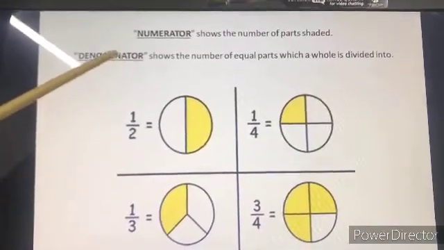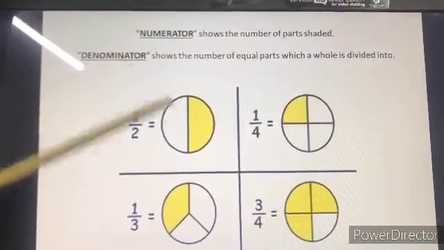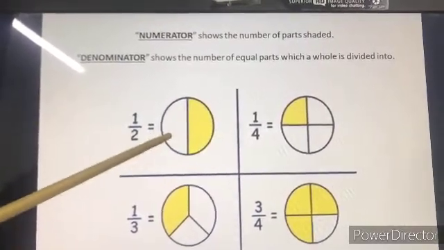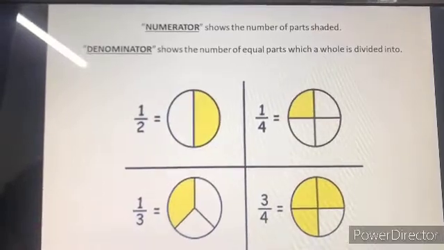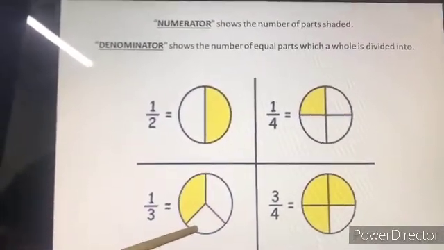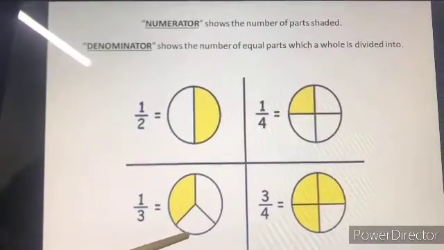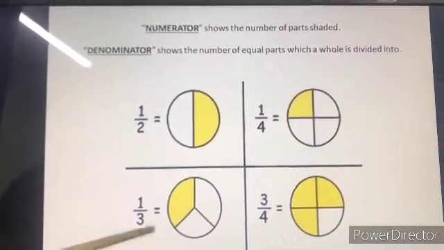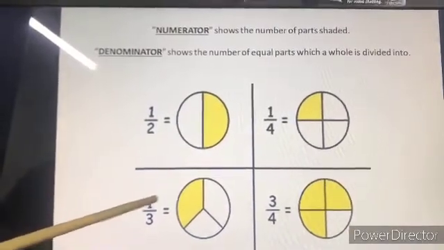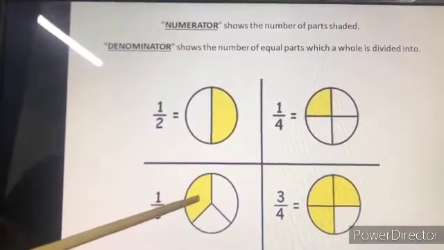So here the numerator shows the number of shaded parts and the denominator shows the number of equal parts which a whole is divided into. Here the whole is divided into how many equal parts? Very good. Here the whole is divided into 3 equal parts. And how many are shaded? Excellent. 1 is shaded.